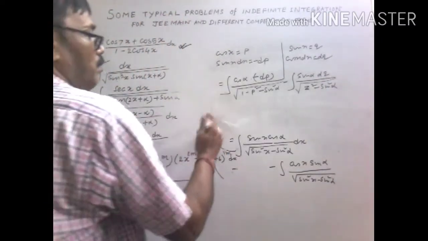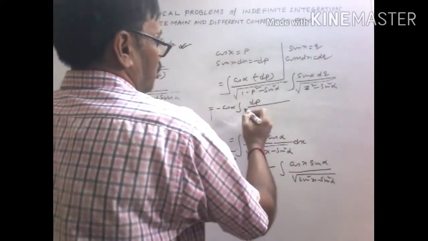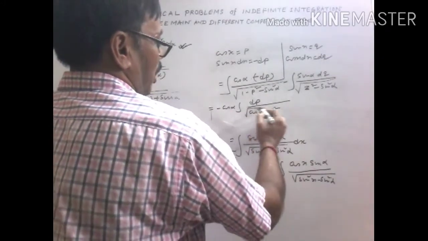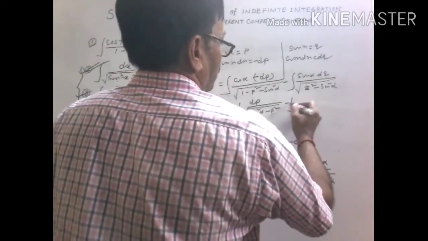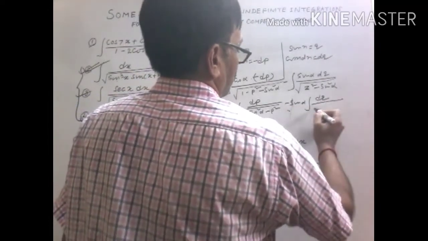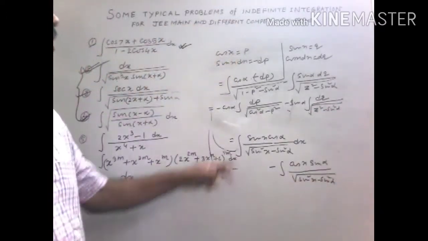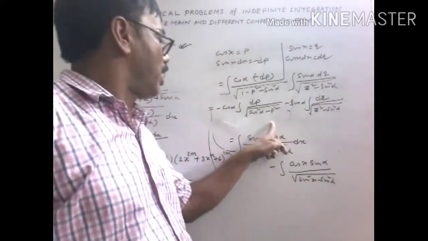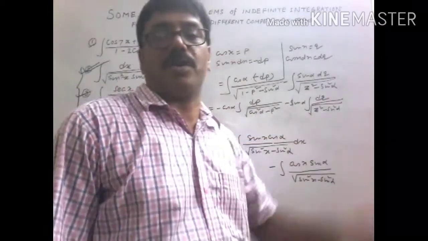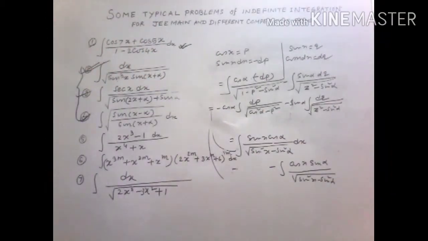Now both are standard forms. So minus cos alpha outside, dp by root over (1 minus sin square alpha, that is cos square alpha) minus p square, and this one is sin alpha outside, dq by root over q square minus sin square alpha. Now both are standard forms, a square minus x square. So this is sin inverse p by cos alpha, and this is the log form for root over x square minus a square. So using the formula we get the solution.